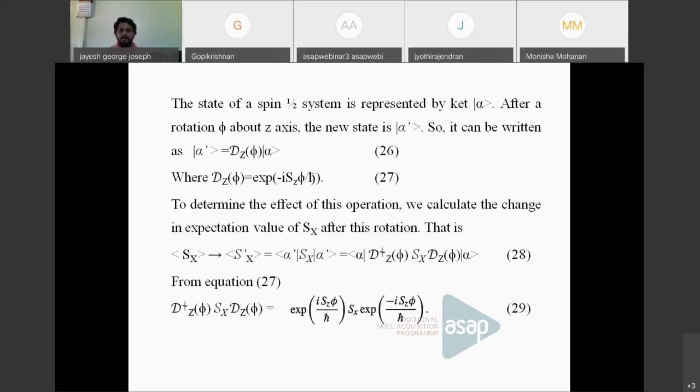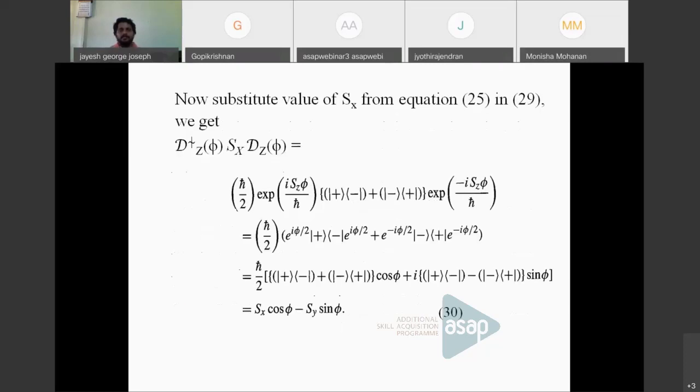From equation 27, this D dagger is equal to this quantity, equation 29. Now substituting the value of Sx from equations 25 and 29, we get the final result: Sx cos phi minus Sy sin phi.